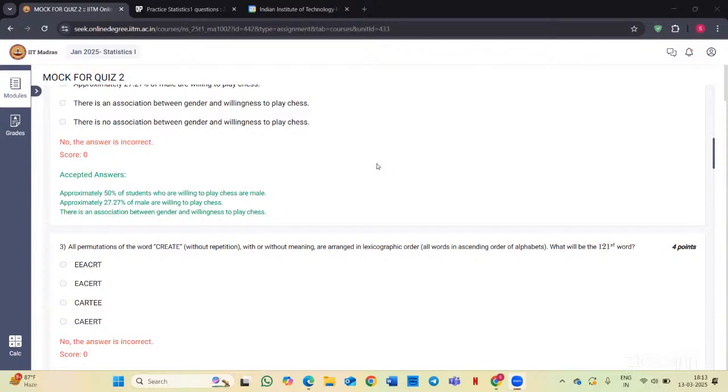Suppose we want to know, let me take that example, the 134th word. Then after 120, we have fixed the first position. Thereafter, we have to fix the position of the second letter also, and similarly calculate, and we have to achieve the 134th word. See, it's the same way, right?